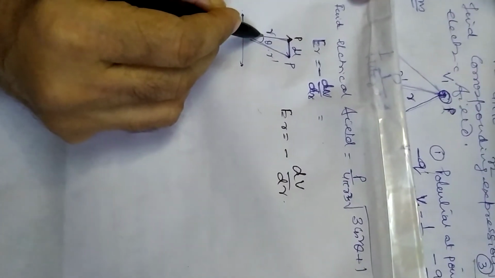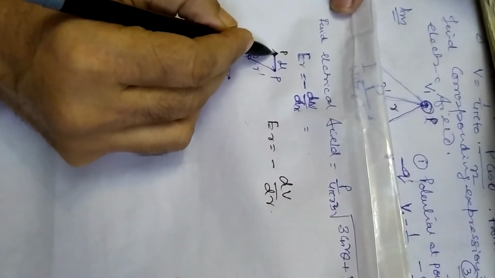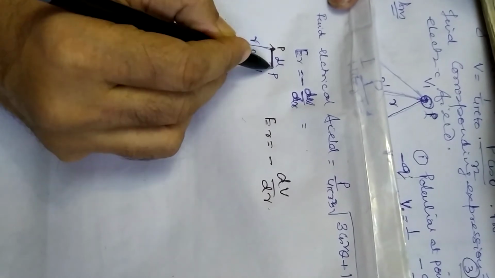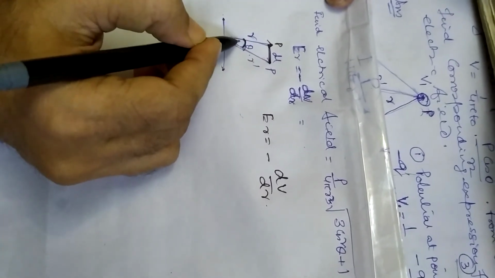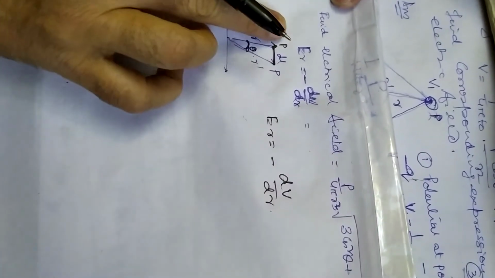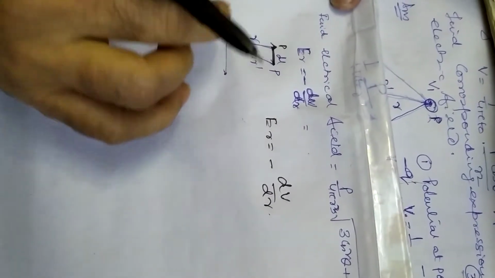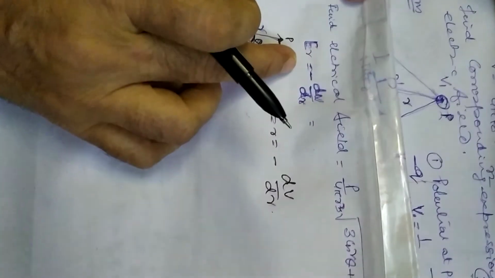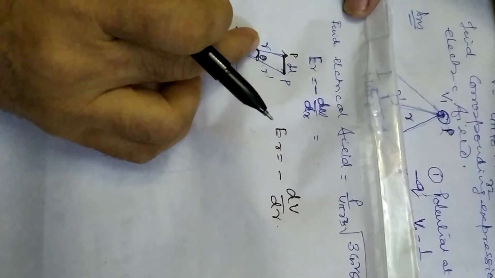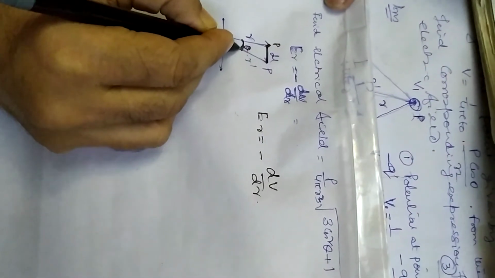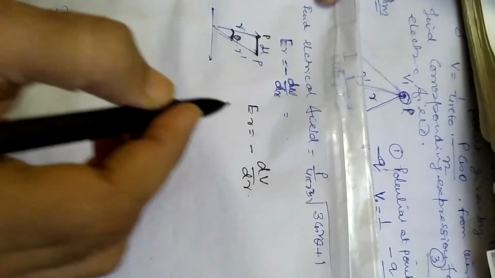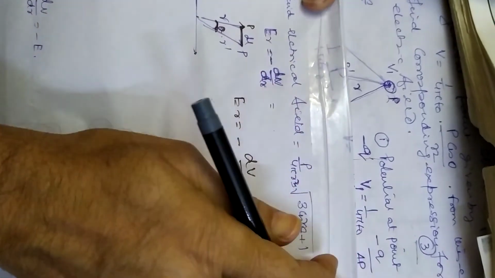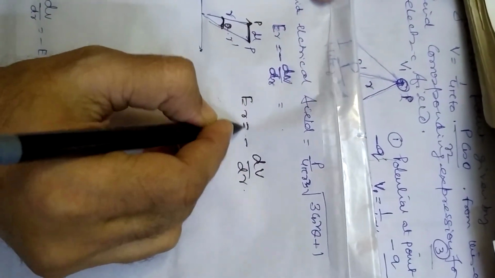If we turn it through an angle theta, this also gets elongated by dl, and it also changes by theta. So the change in this vector is in two ways, one along dl and another along theta. So we will get two expressions for the electric field.